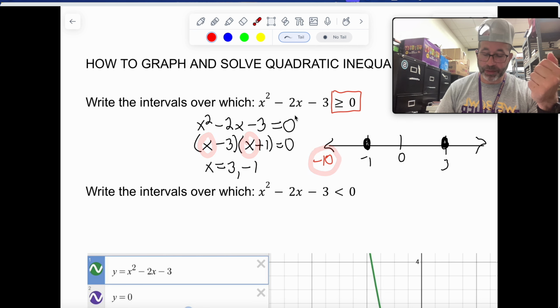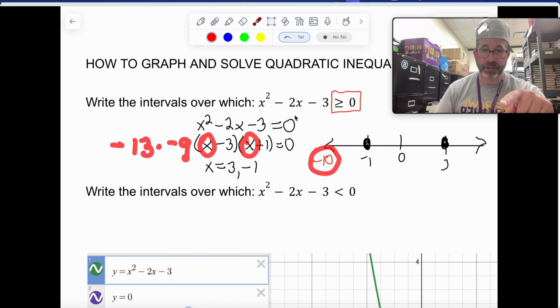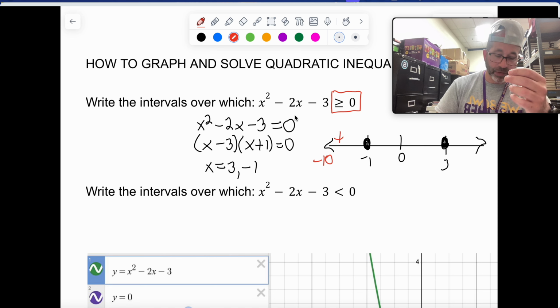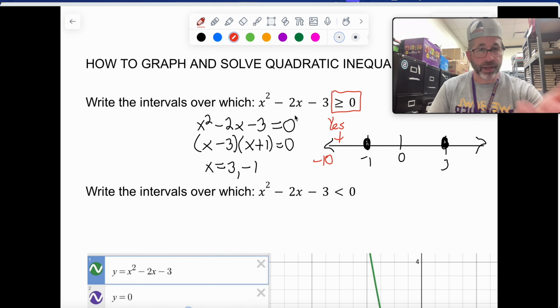I'm going to have negative 13 times negative 9, because negative 10 minus 3 is negative 13, negative 10 plus 1 is negative 9. If I multiply a negative times a negative, we end up with a positive, and a positive is greater than 0. So yes, this is where my answers are going to reside.